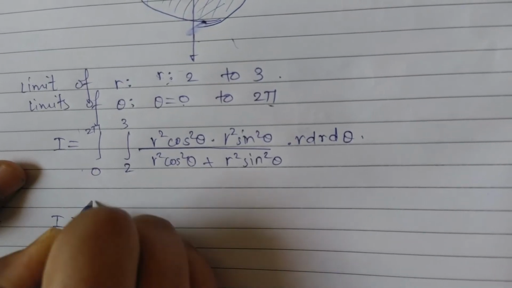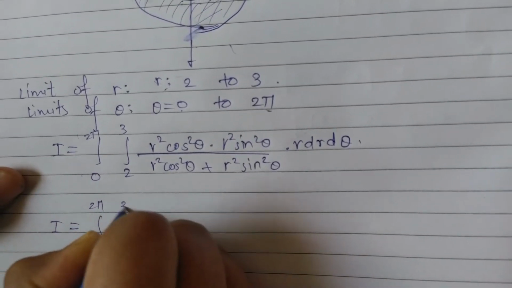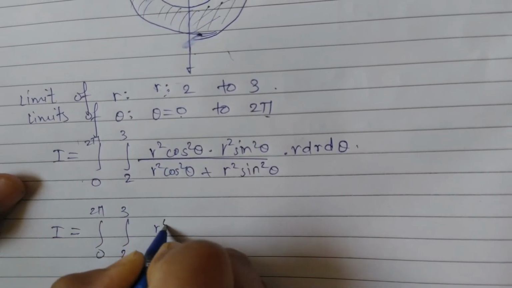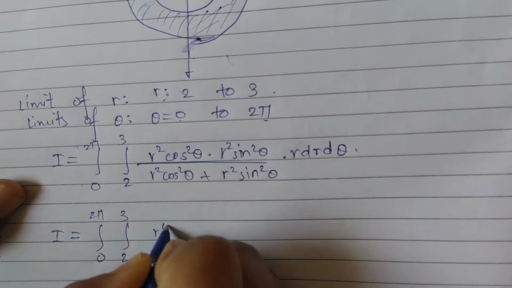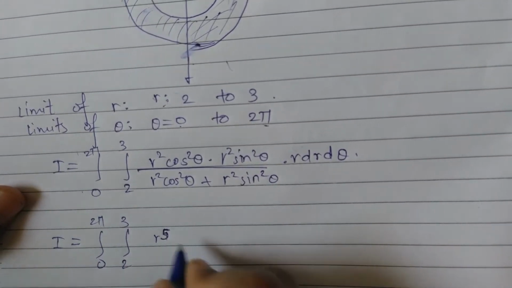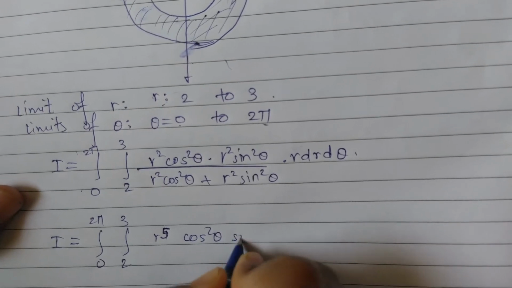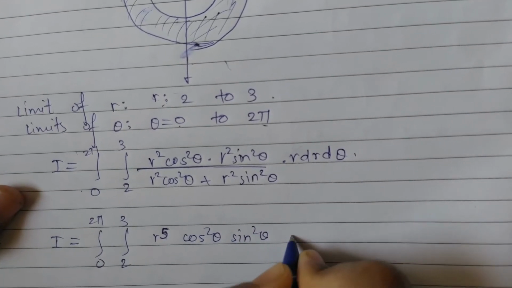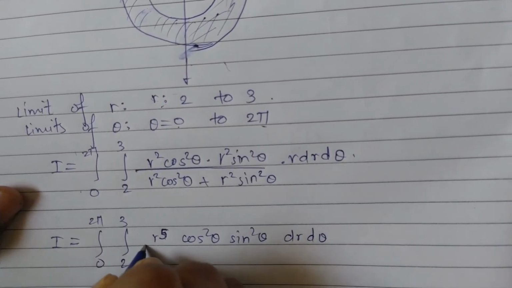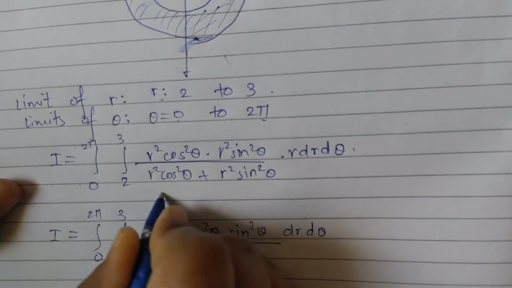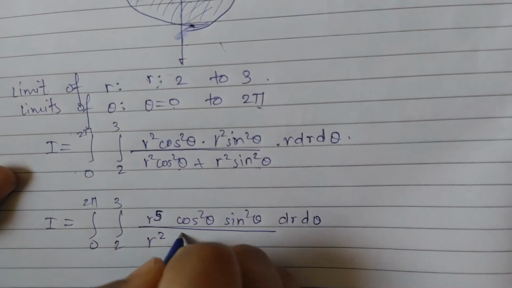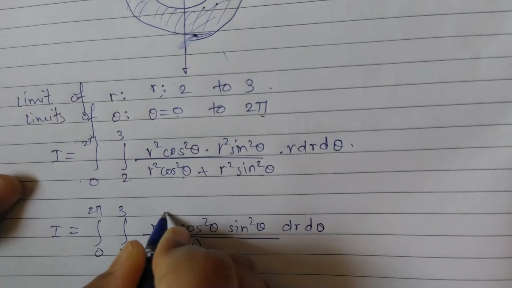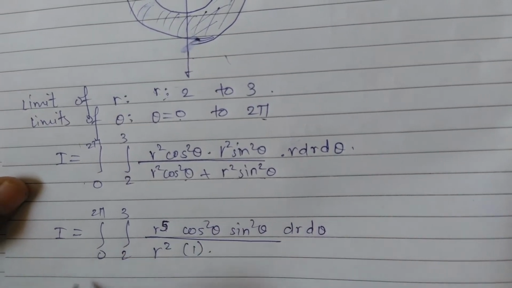Okay, so I is equal to 0 to 2 pi, 2 to 3. First simplify this. This is r raised to 4 into r, that is r raised to 5, cos square theta sin square theta dr d theta upon r square. If we take common, then cos square theta plus sin square theta is 1. R square gets cancelled with this and you will have r cube here.